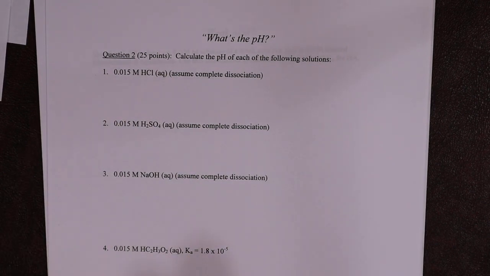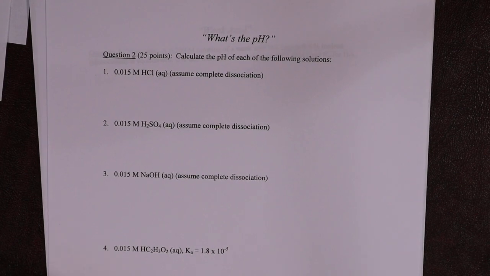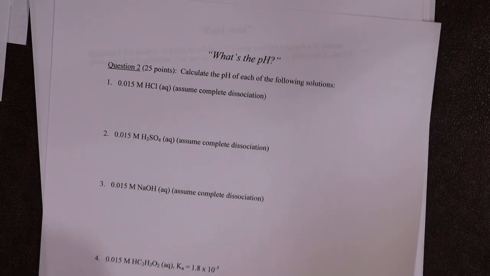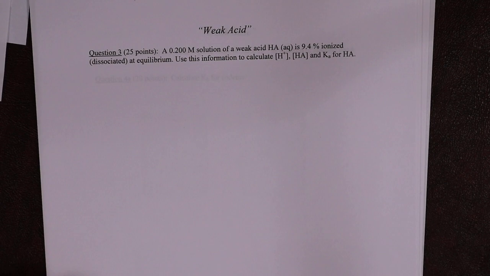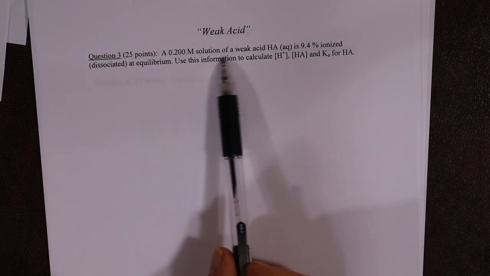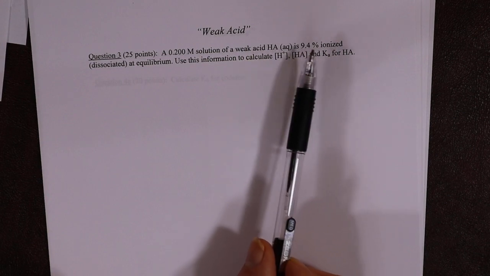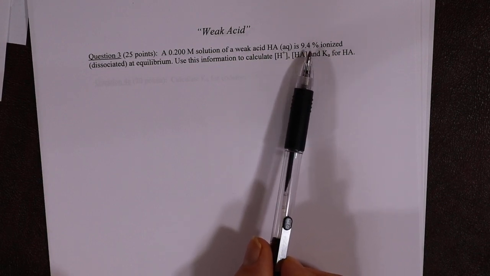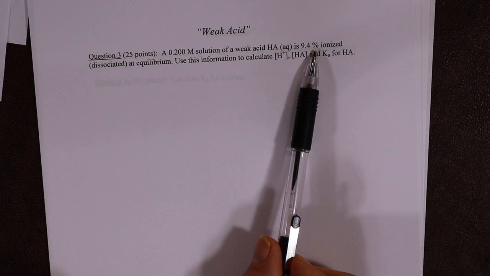So work on that. Send it to me. I'll write a deadline for that in the discussion, you've probably read it. Probably give you a week, all right? And then the next one, weak acid, it's a more formal weak acid. We're actually going to work out a bunch of things. Got a weak acid, and you're working backwards, so check the previous question when we work out the percent dissociation.